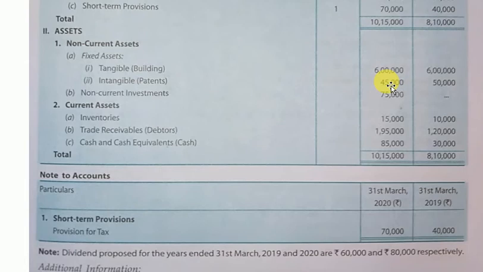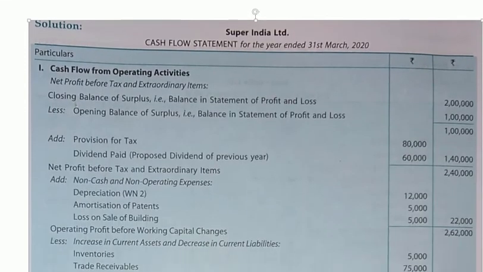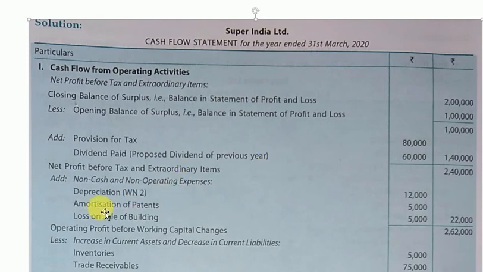With goodwill we write goodwill written off, and this is decrease in patents, so this is patents amortized. This will be a part of your operating activity, and this will be added at the same place where we add non-operating non-cash expenses. Amortization of patents 5,000. This is added. I hope this is clear.